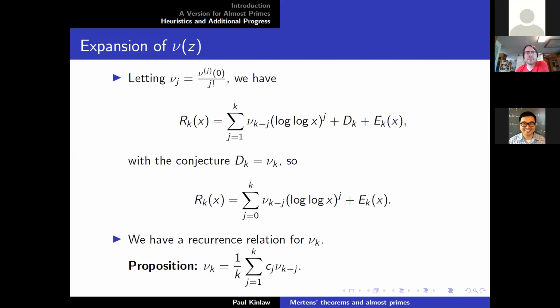So this recurrence relation allows us to readily compute numerical values to many decimal places for nu_k. And we use PARI/GP, and Mathematica can also be used.